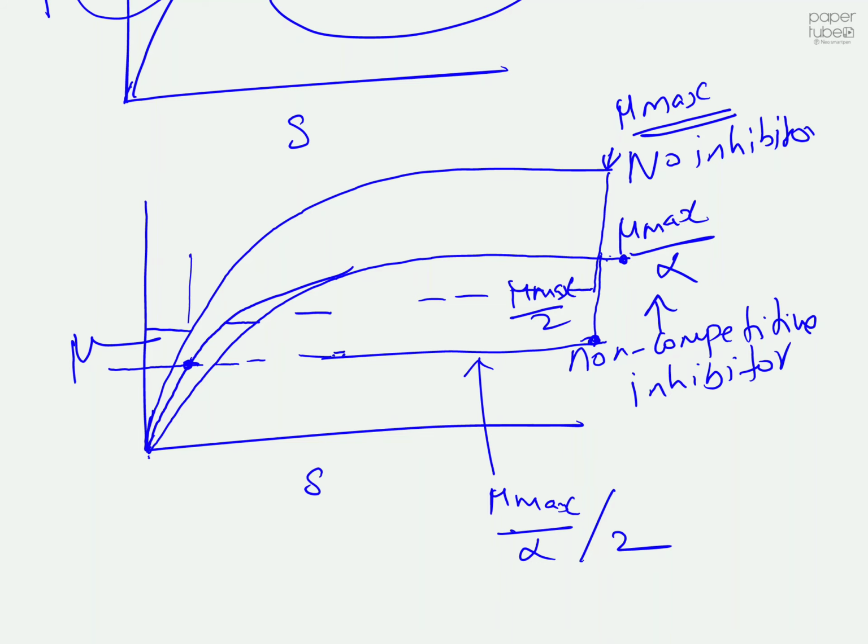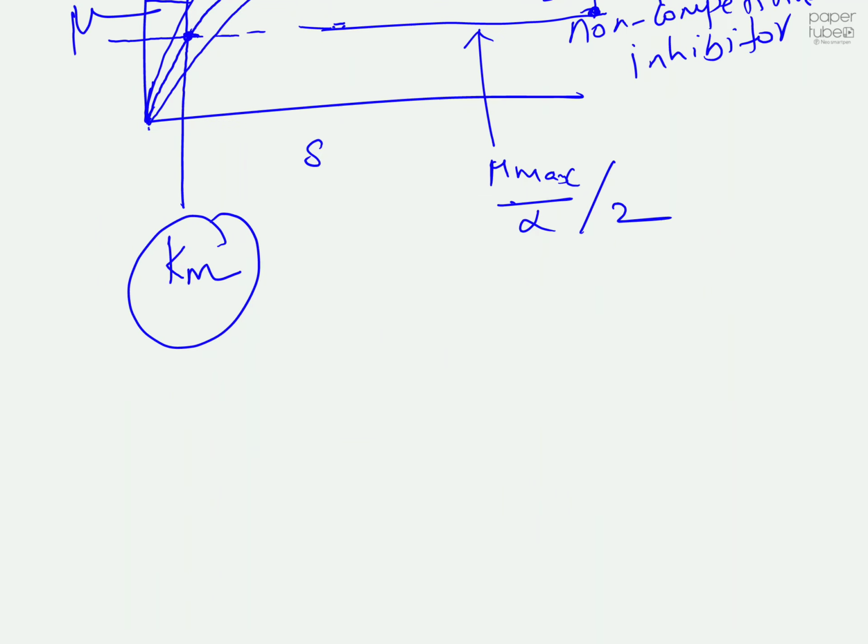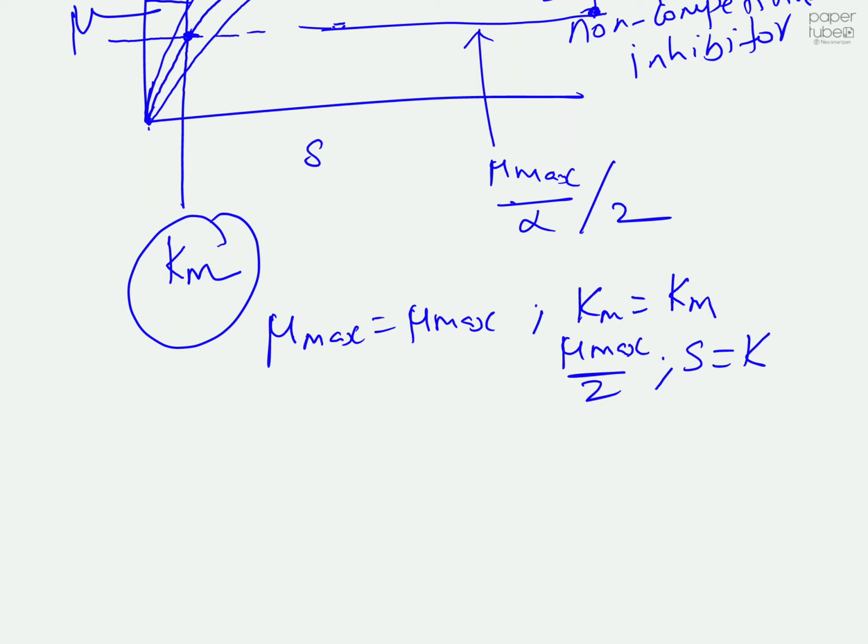Your Km value will not change. If you are performing a pure enzymatic reaction without an inhibitor, your mu max will be equal to mu max and your Km will be equal to Km. In other words, your initial velocity will be exactly equal to mu max by 2 when your substrate concentration is equal to Km.